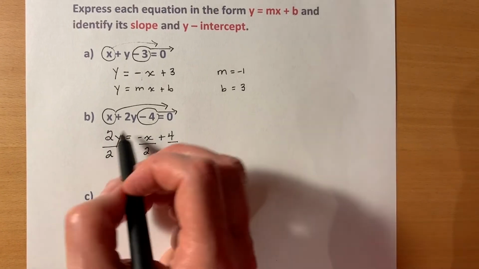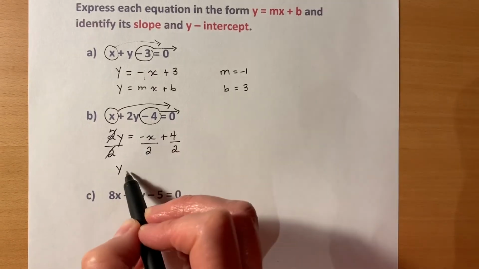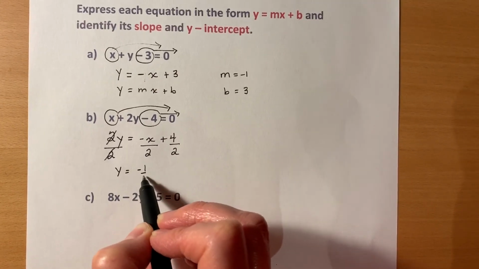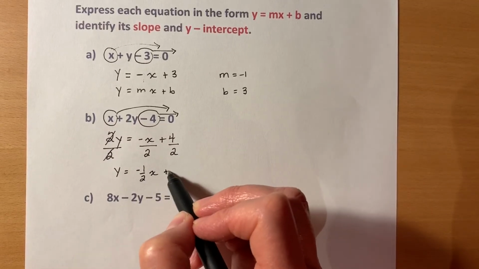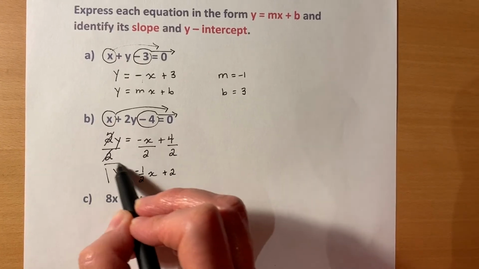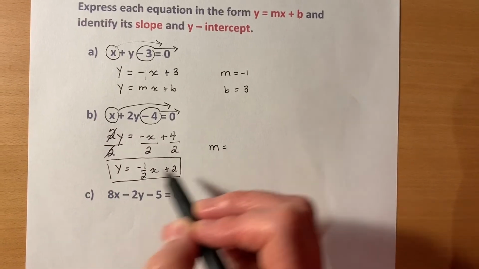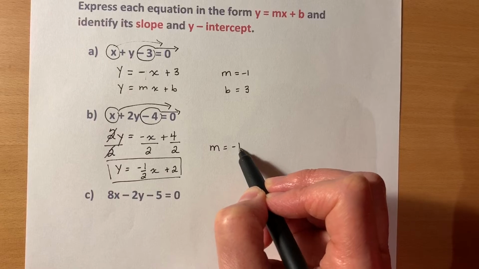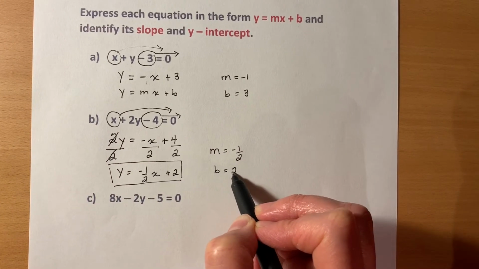So 2 divided by 2 is 1. Remember, there's a 1 understood here. So this is -1 over 2x. And this is 4 divided by 2, which is 2. And now I have it in the form y equals mx plus b. Now you can tell me the m value is -1 over 2. And the b value is +2.